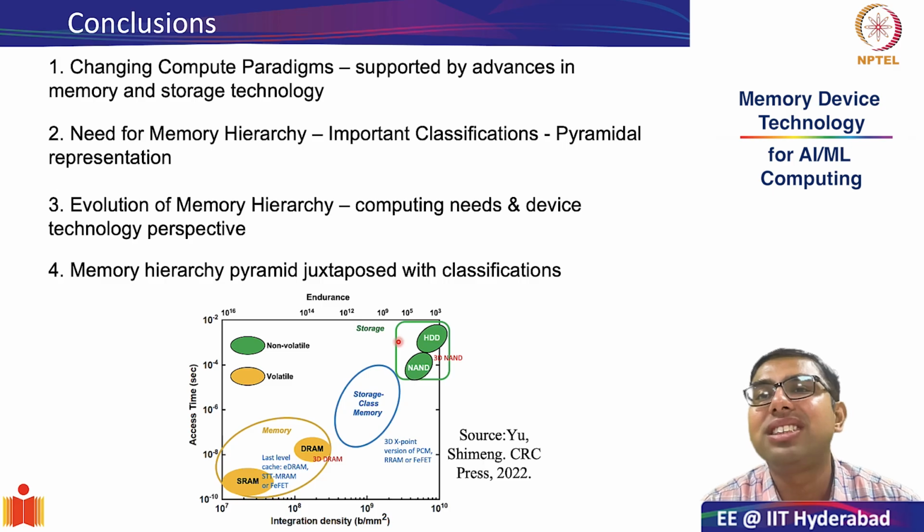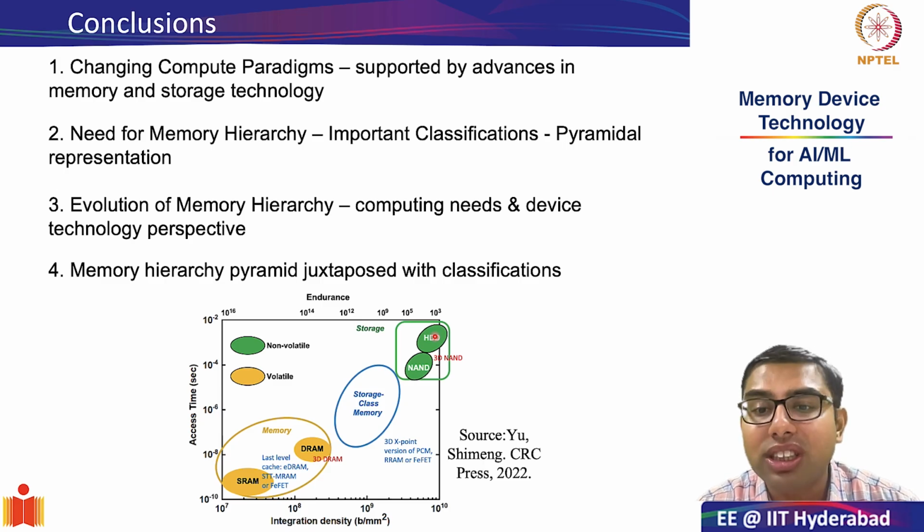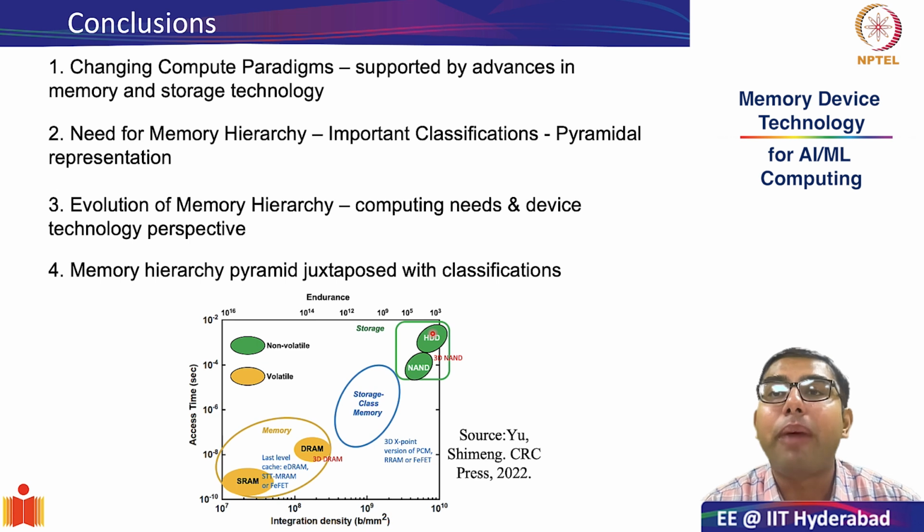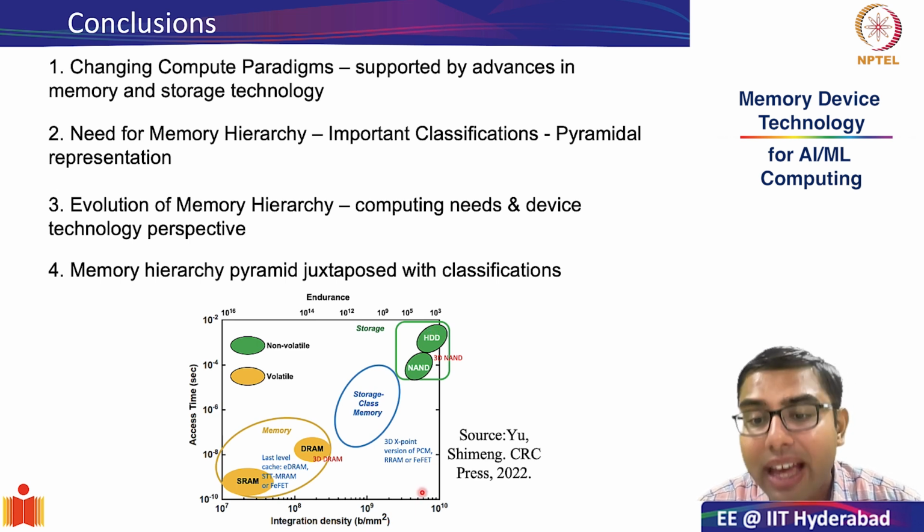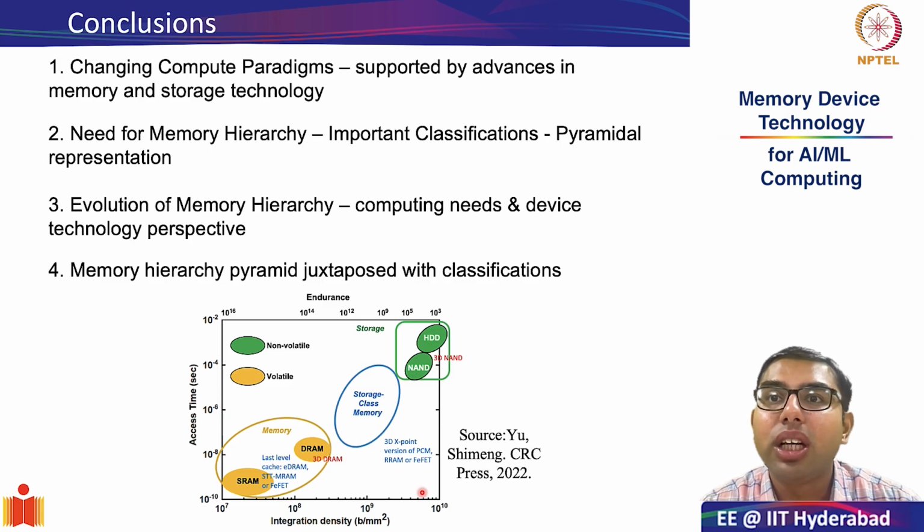On the right hand side, top corner, in green circles, you see non-volatile storage technologies such as NAND flash and magnetic tapes or HDDs. While they have very large bit densities, they suffer from high latencies.